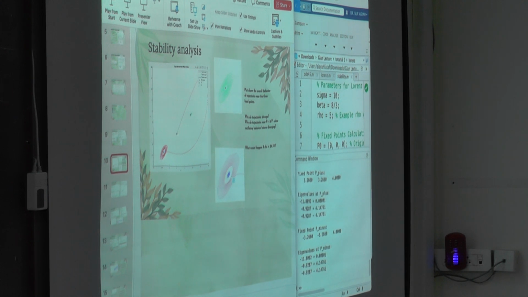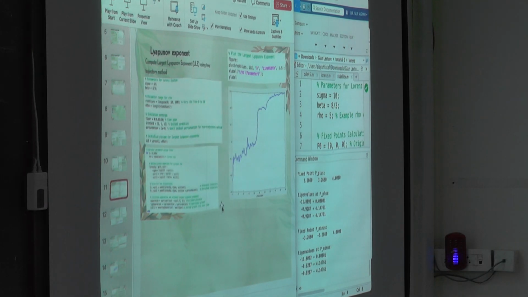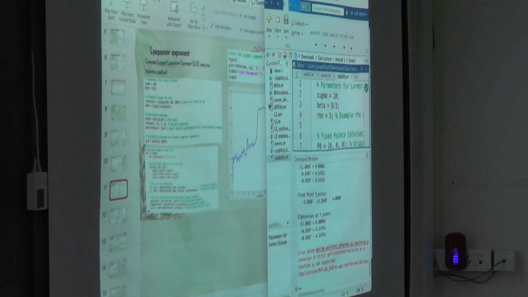Okay, so now let's move to the Lyapunov exponent. This one I'm using.